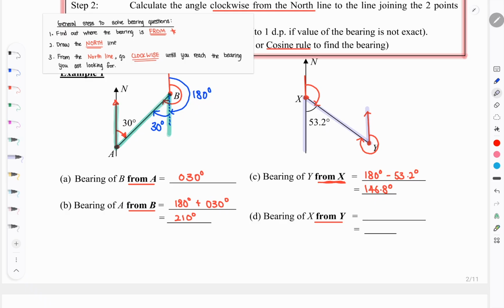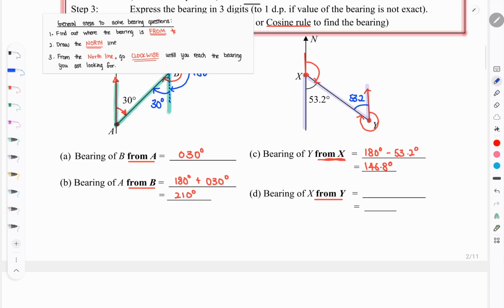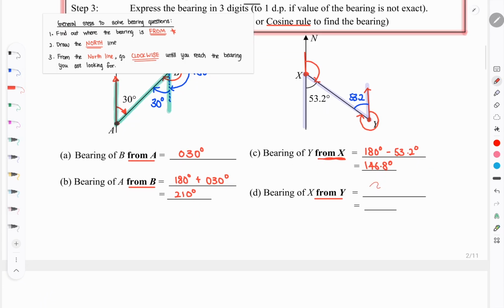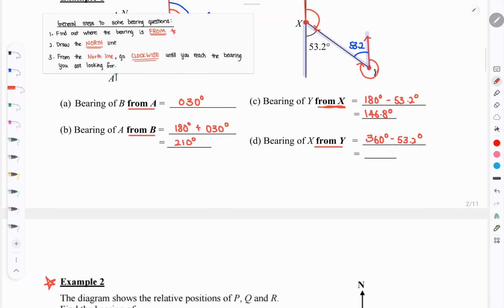Okay, using this alternate angle, I know that this is also 53.2 degree. So now I can just take 360 degree minus 53.2 degree, and this will give me 306.8 degree.